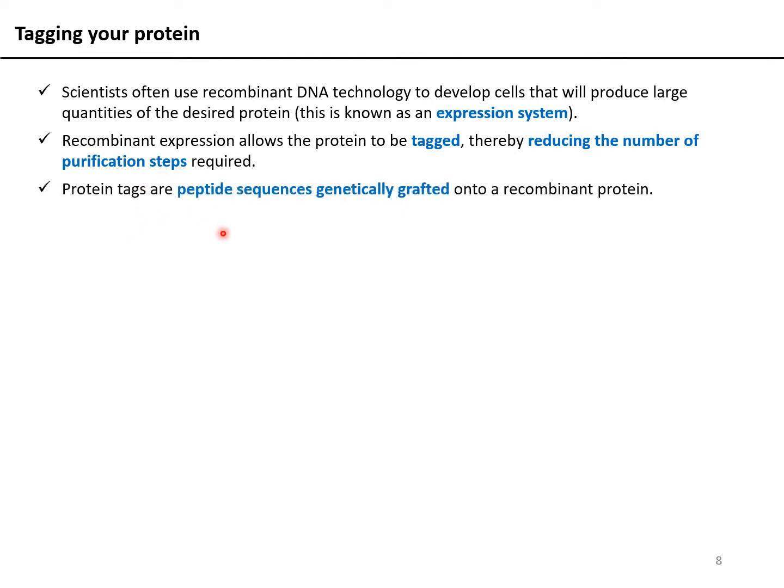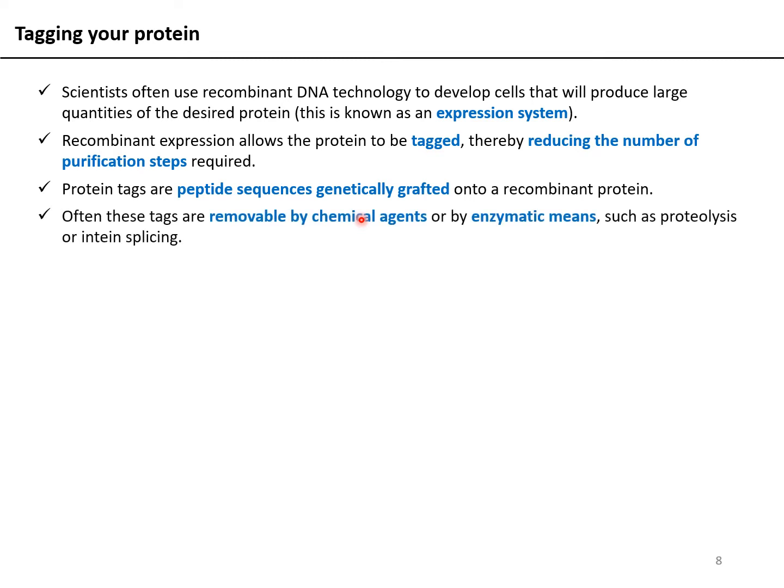So protein tags are peptide sequences that are genetically grafted onto a recombinant protein. Often these tags are removable by chemical agents or by enzymatic means such as proteolysis or enzyme splicing. Often when you're adding a tag to your protein to help in purification, you do not want your protein to have that tag after the final step of purification.